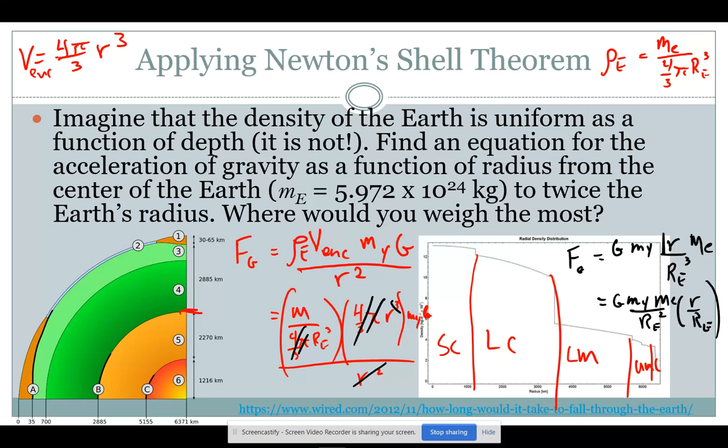Now, I only did going from the center of the Earth out to the surface. What would it be if we're beyond the surface of the Earth? Like if we move a couple hundred kilometers out, like we had a homework problem, 400 odd kilometers out, what's the force of gravity there going to be? What's the rule if you're outside of the mass?